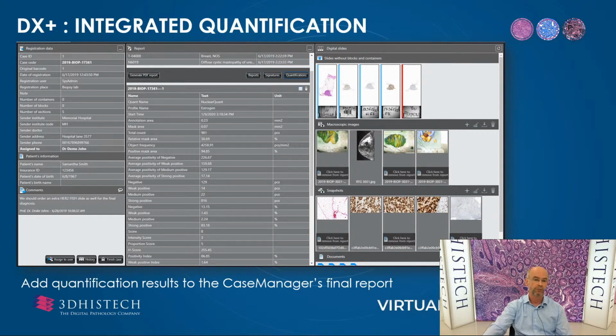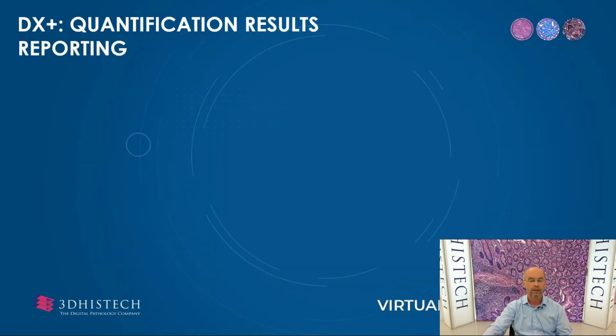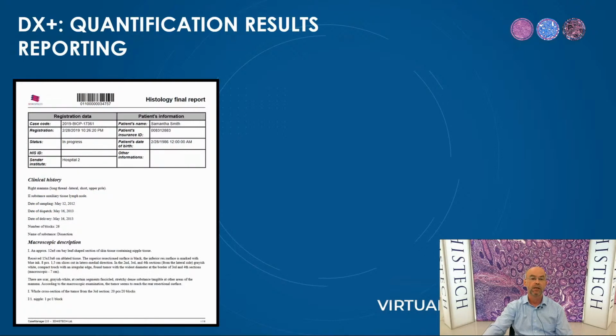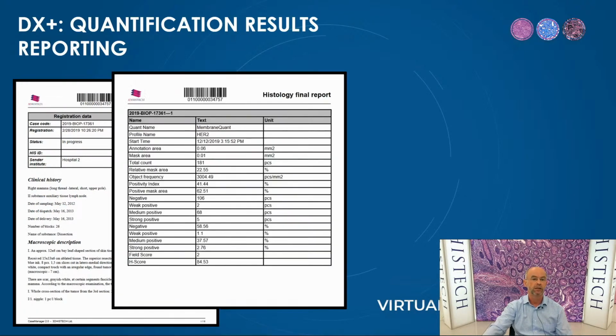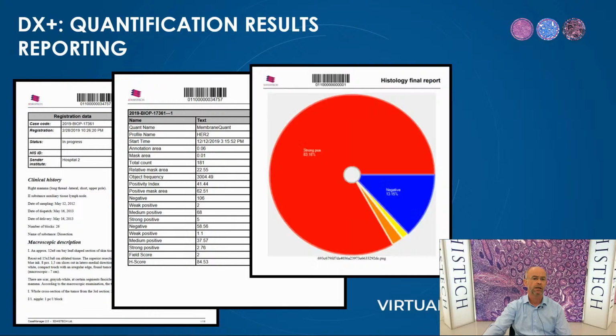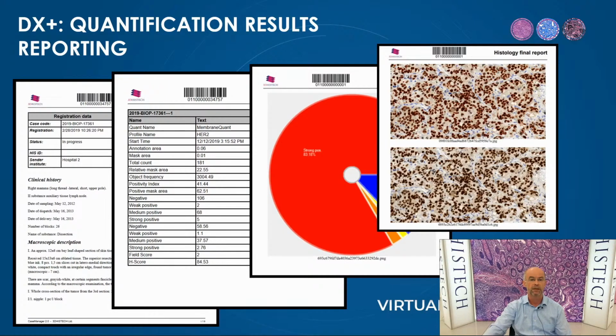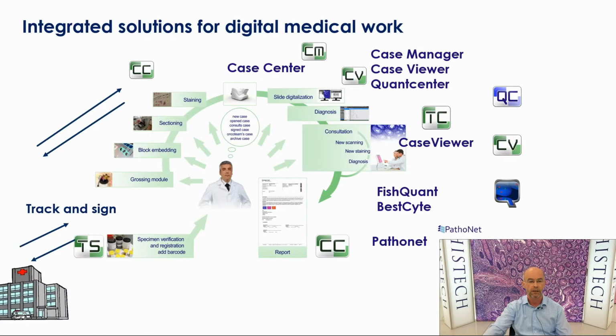Once we developed this immunohistochemistry, molecular labeling features, not only the subjective evaluation, but also the quantification of the special data can be performed and can be included in the reports on the morphological and on the immunohistochemistry and even on the fluorescence slides.